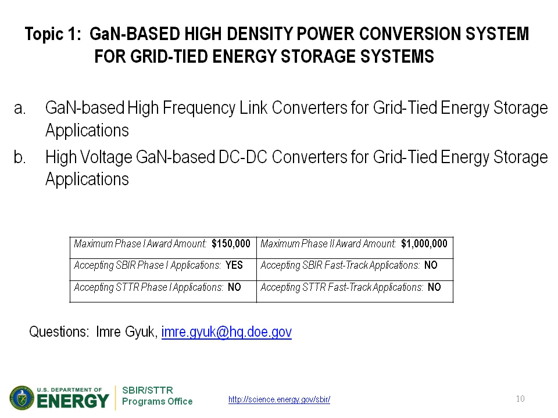So for topic A, we're focused on gallium nitride devices for high-frequency link converters. Typical energy storage designs have a DC to DC front end that controls the charge, current, and ripple, and then it's tied to a DC to AC inverter at the back end, and they are typically tied to a 60 hertz transformer tied to the grid.